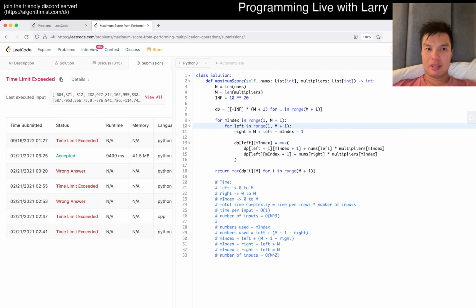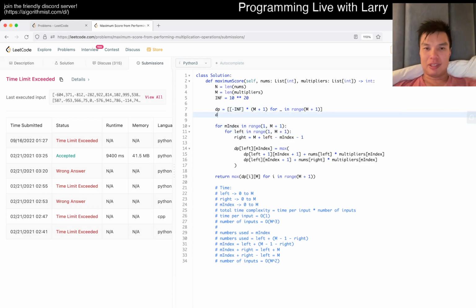Let's see, what is the base case now? The base case is in the beginning we have nothing, so dp of 0, 0 is nothing, right? Because we've used 0 on the left and 0 on the m index.